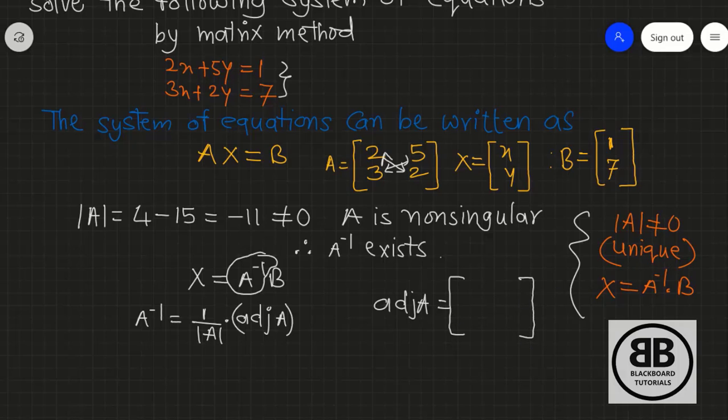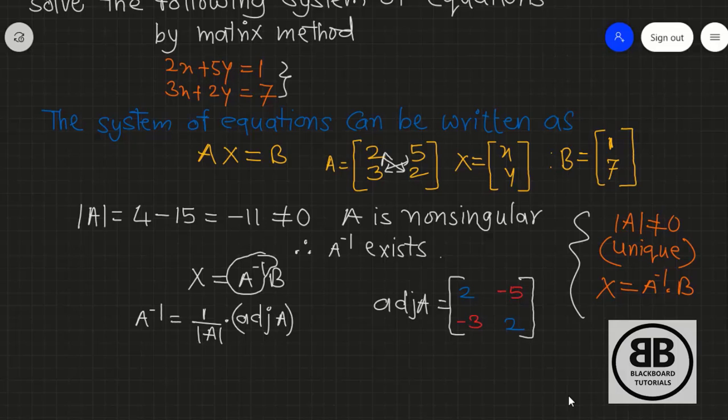First, we interchange the diagonal elements. So 2 and 2 are interchanged, and we again have 2 and 2. And the sign of the non-diagonal elements changes. That means this will be minus 5 and this will be minus 3. So this is now the adjoint of the coefficient matrix.